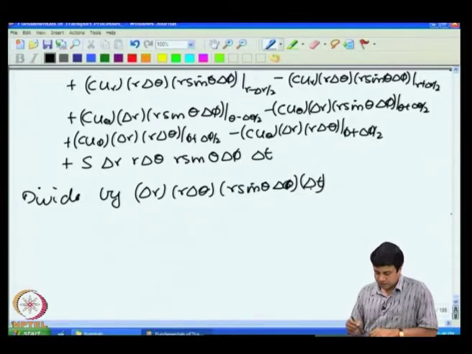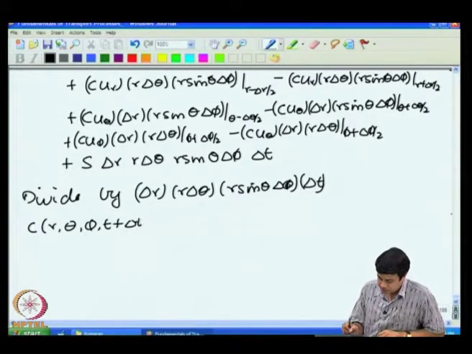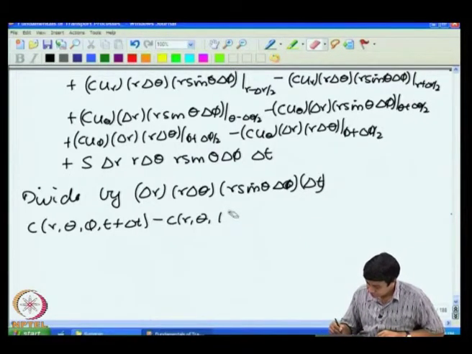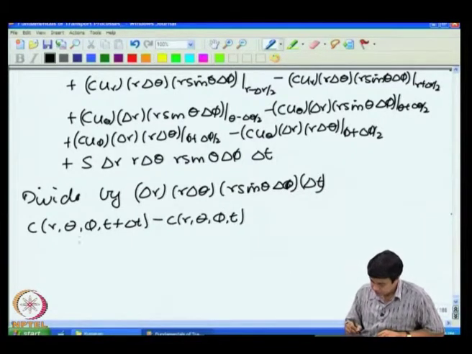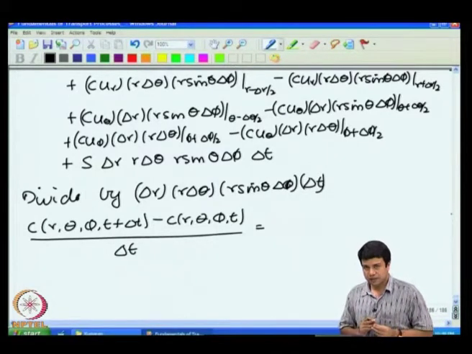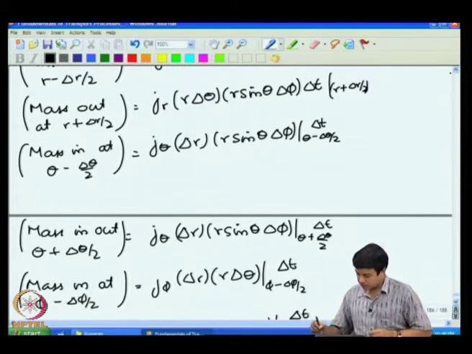And what I will get is C at r theta phi t plus delta t minus C at r theta phi t, whole thing divided by delta t, is equal to, now when I divide I have to be careful, because the surface areas here are now dependent upon r.